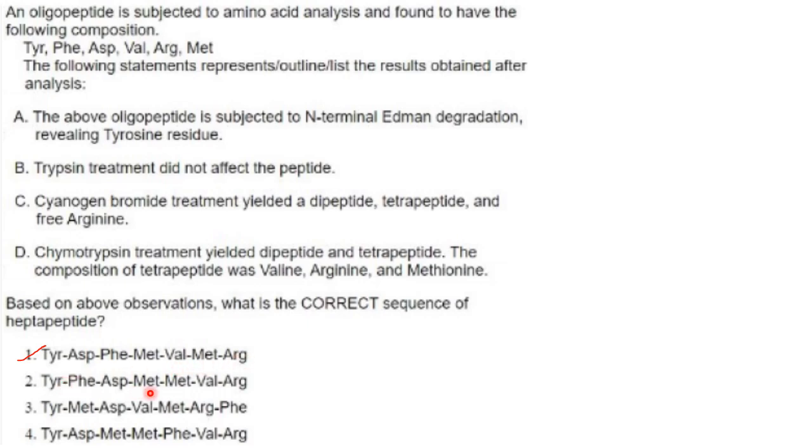But if you see over here it will cut here, then you will get a free methionine but not free arginine. So that is wrong. Fourth one also, you will get a cut over here and a cut over here. So again a free methionine will be released. So that is also not correct. So first option is the correct answer.